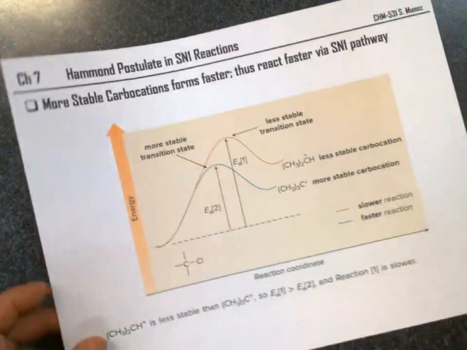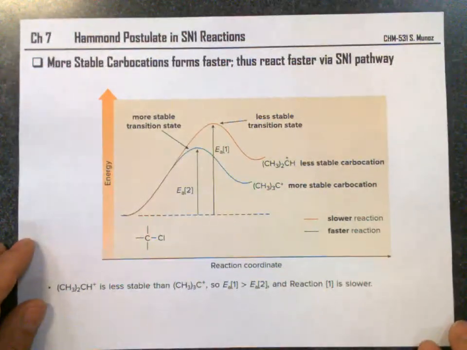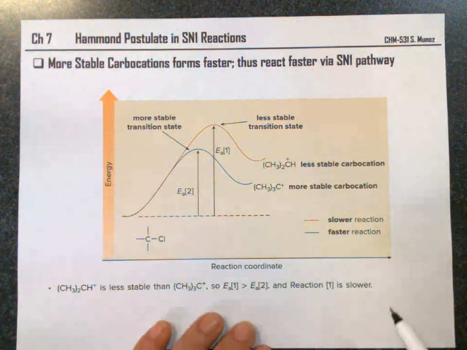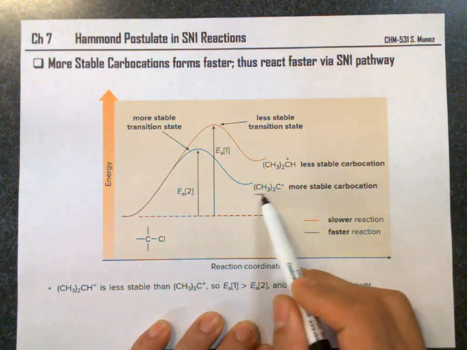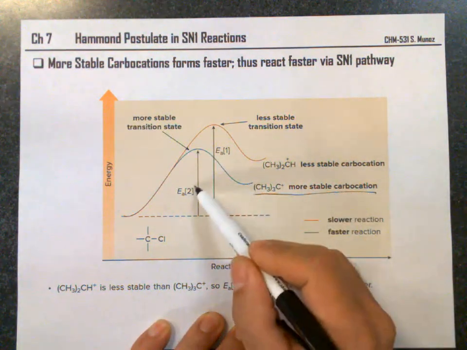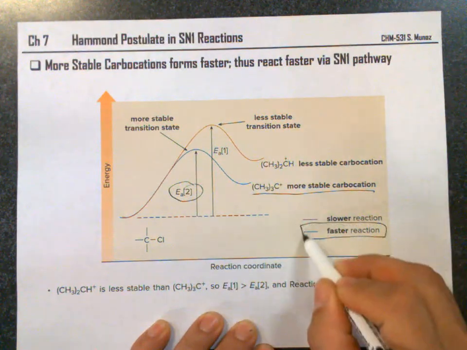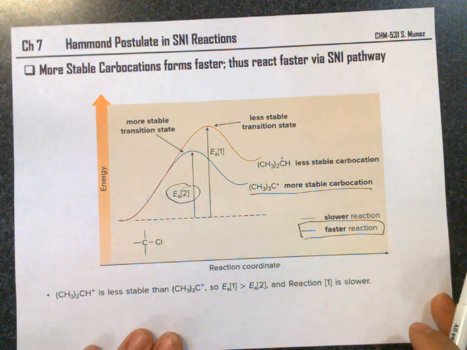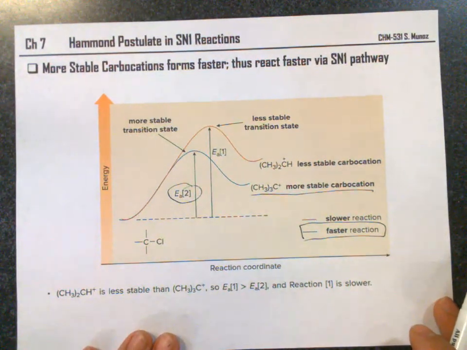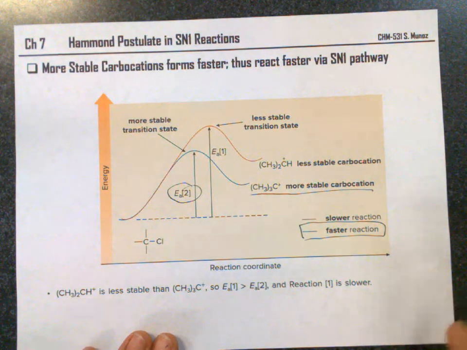So here, this is what we were just saying. The more stable carbocation, look at the activation energy. It's lower and it forms the fastest. This is what we call the Hammond postulate, and that's how we apply it for SN1 reactions.